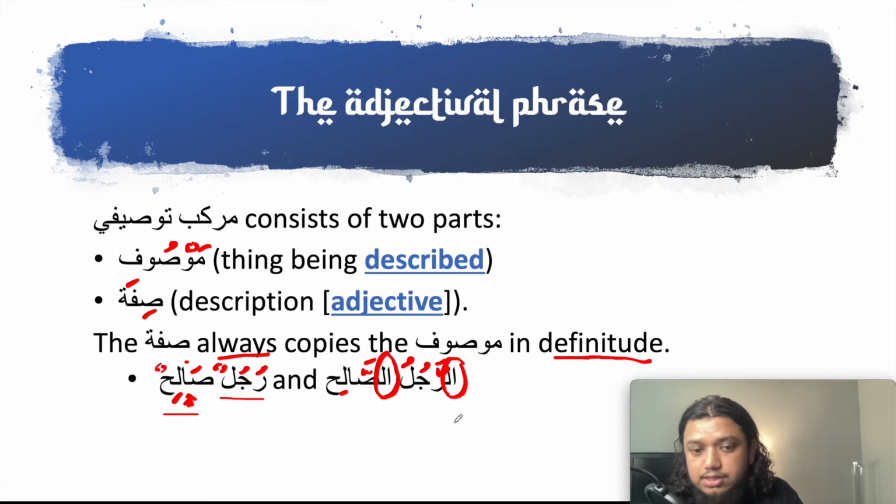So in the first case, ar-rajulu is ma'rifah, it is definite. And in the second case, rajulun is nakira, it is indefinite. So in the first case, the sifah is also definite, just like its mawsuf. And in the second example, the sifah is indefinite, just like its mawsuf.